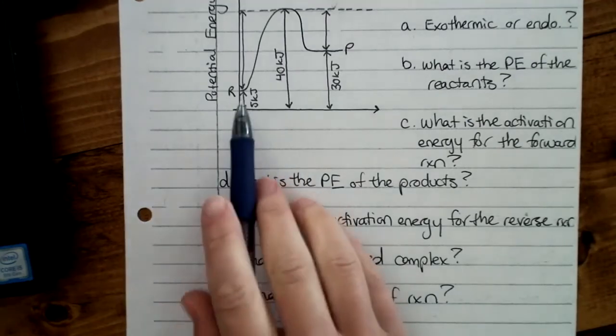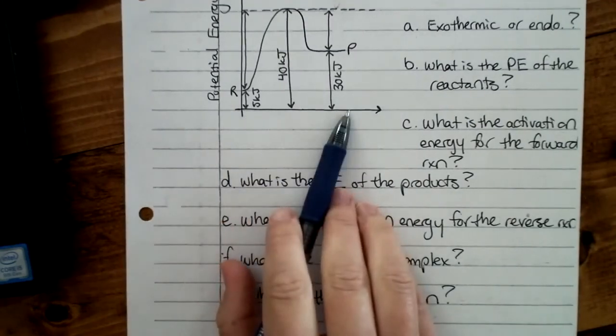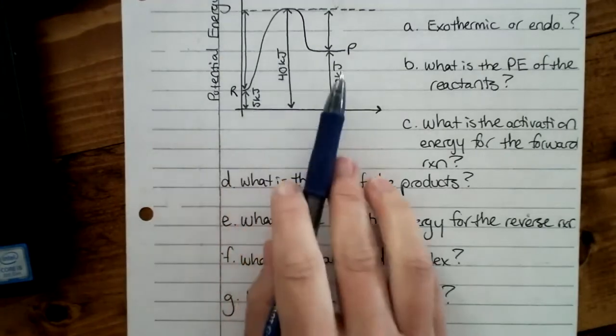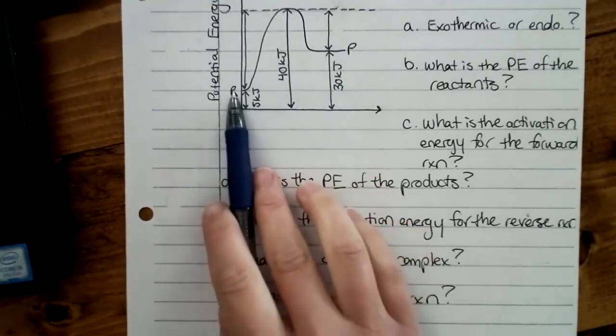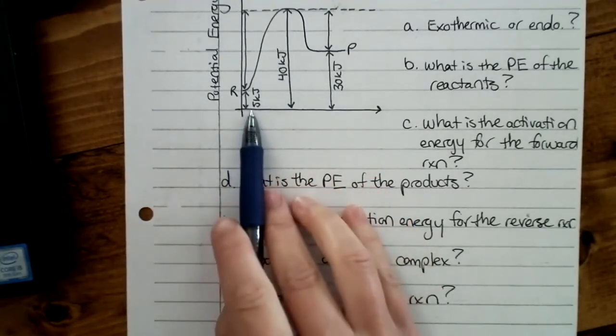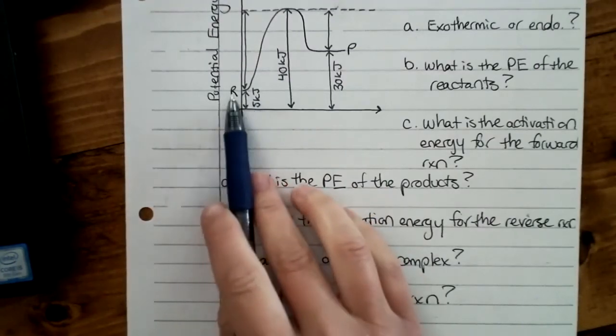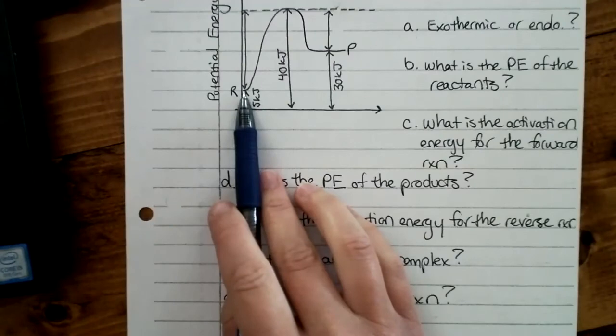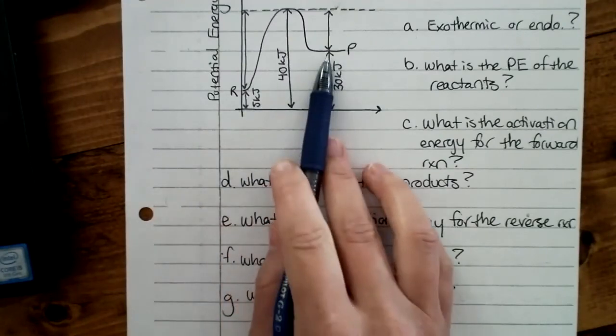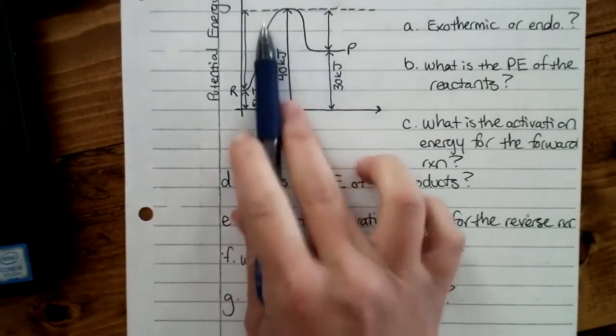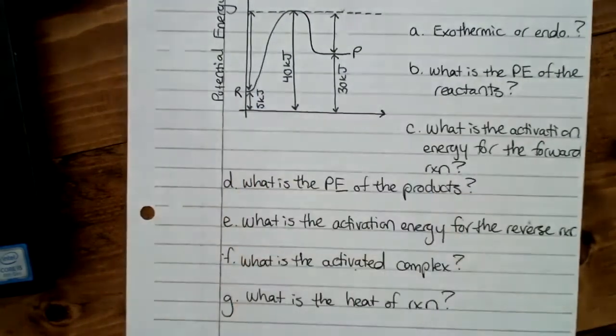So looking at this diagram, you'll notice that we have actual numbers here to look at. So our reactants start right here. They start with 5 kilojoules. That's what kJ stands for. They start with 5 kilojoules of energy, and they end up with 30 kilojoules of energy after the reaction takes place.